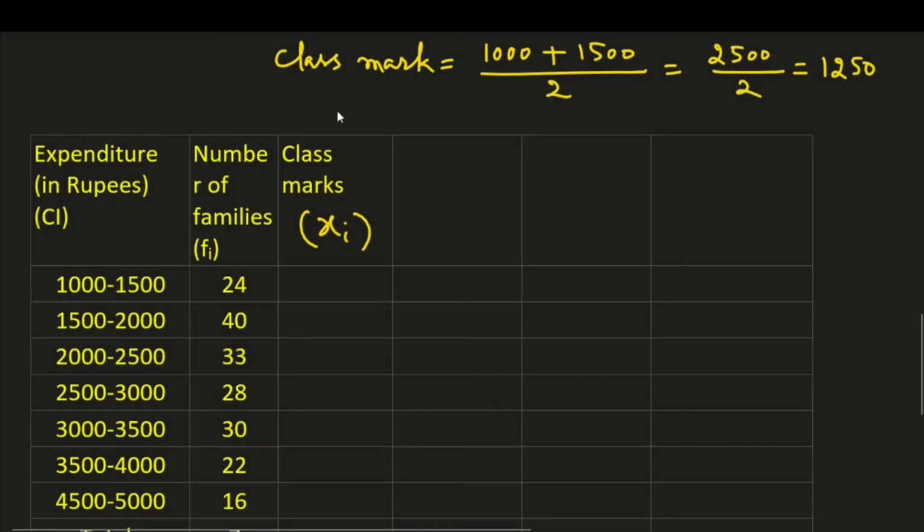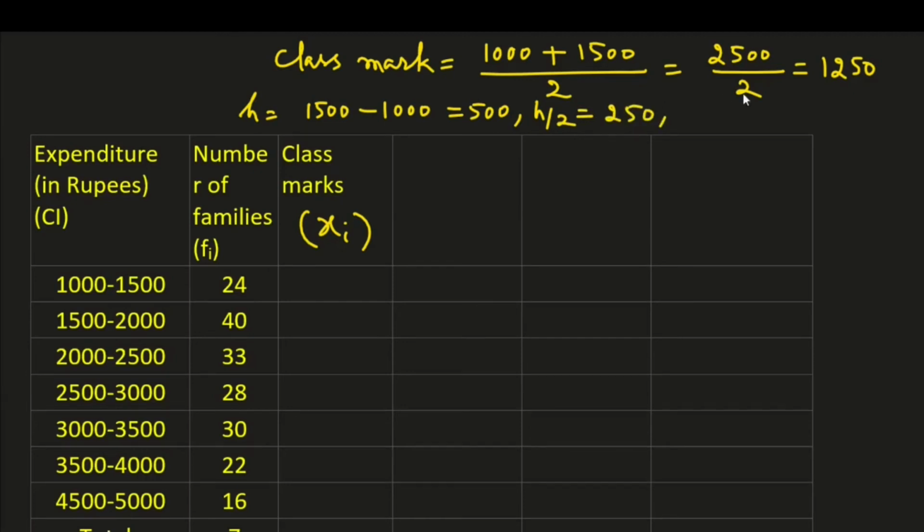We can find the class mark in another way also. First, we have to find half of the class size. Class size here is 1500 minus 1000, it is 500. Half of the class size is 250.